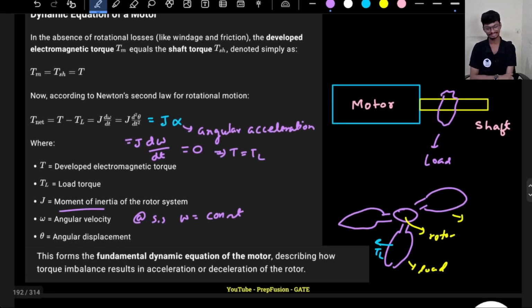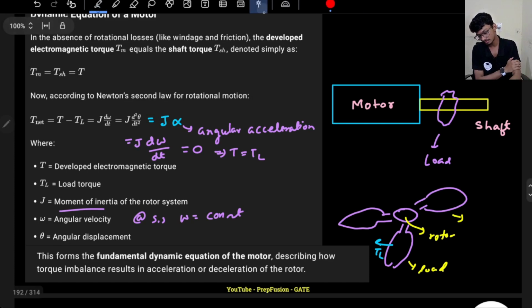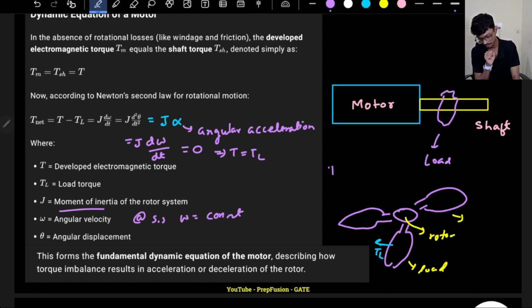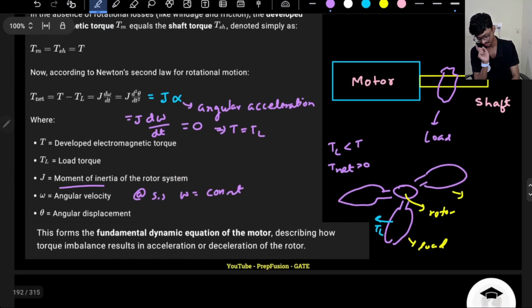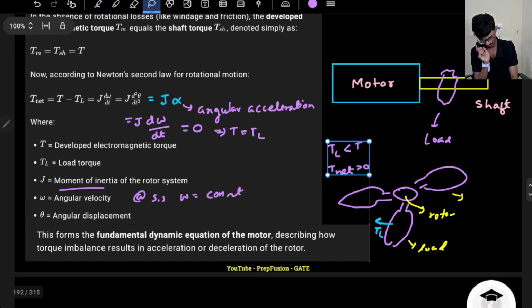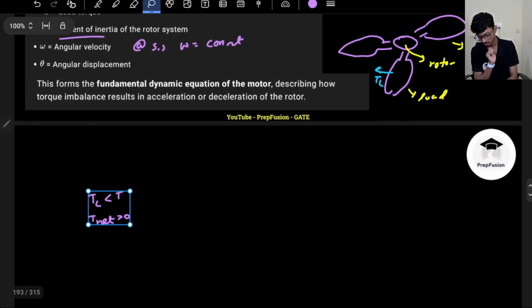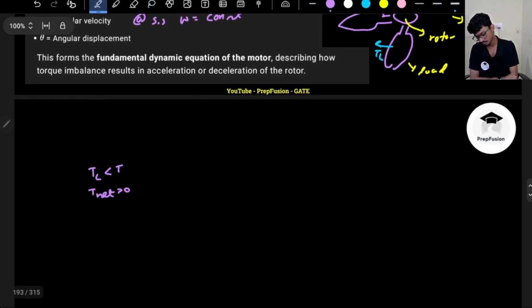Now a few cases are there. Initially, if I just start the machine and the load is not connected, TL is less than the developed torque.